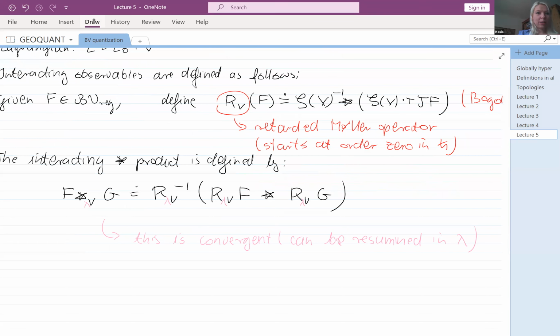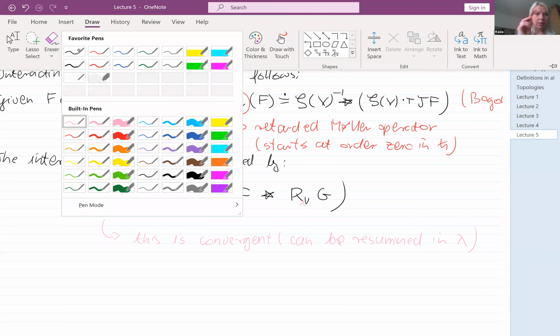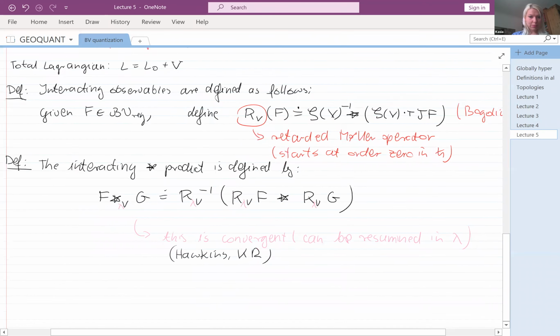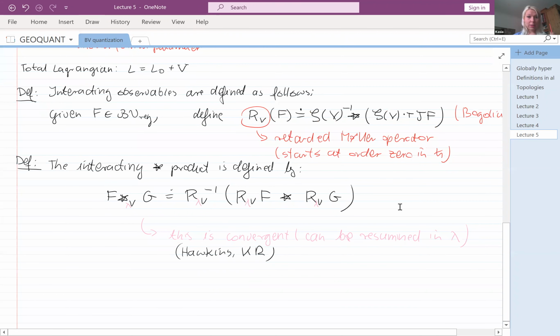And for that, I'm going to give you a reference. There is a paper of Eli Hawkins and myself. I'm going to give you a precise reference in the notes. So that's the interacting star product.